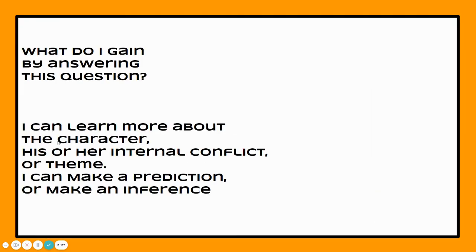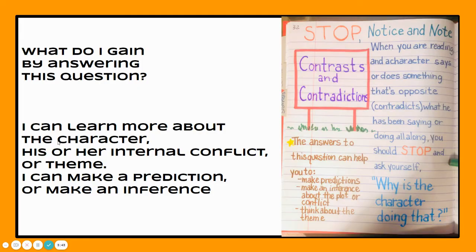As we answer this question, we're going to learn more about the character. We'll learn about his or her internal conflict. Sometimes you'll learn about the theme, which is the important life lesson the author is trying to share. And it can also help us make predictions and make inferences about the plot. Pause the video to write this section of your notes.